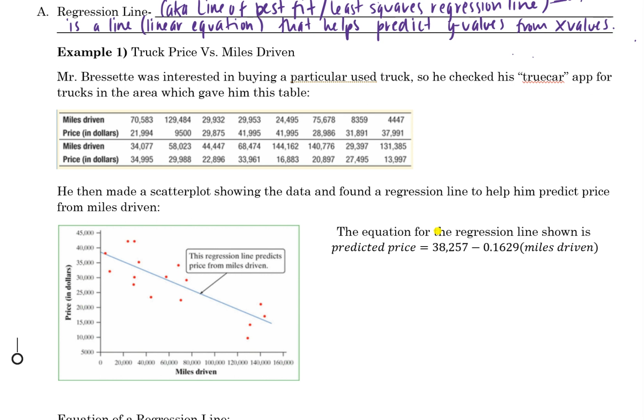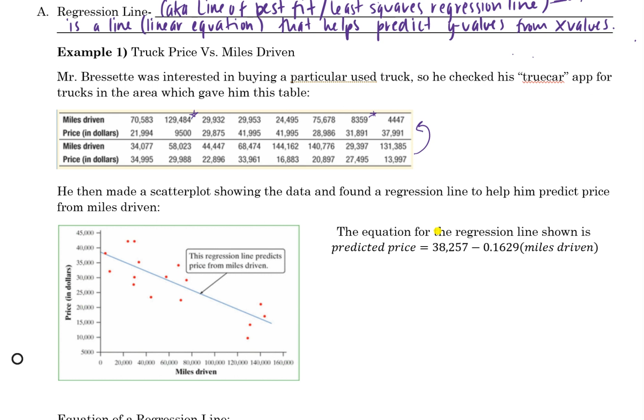If you notice, this truck with only 8,000 or so miles is worth $30,000, whereas this truck with 100,000 miles is only worth $9,500. So in general, the more miles driven, the lower the price is going to be. They give you this table with several different trucks.